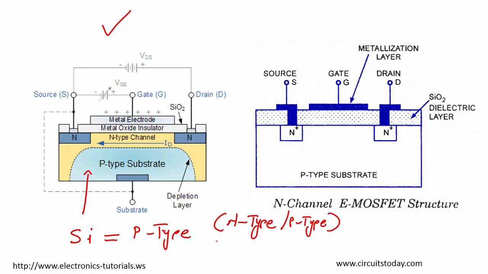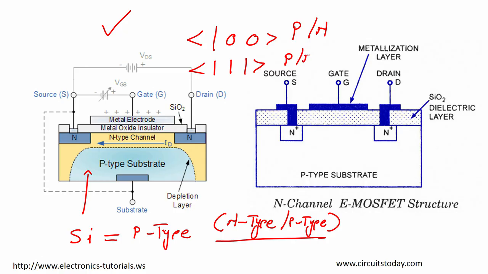When I say types of silicon, I have shown you 100 and 111 oriented wafers in the previous lectures, 100, 111 orientation of the crystal, and then it was p and n.